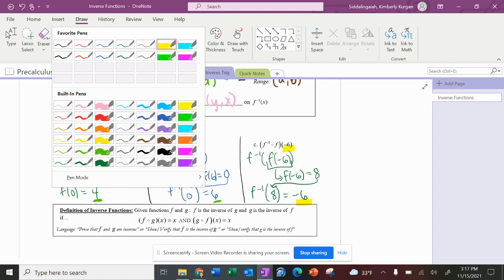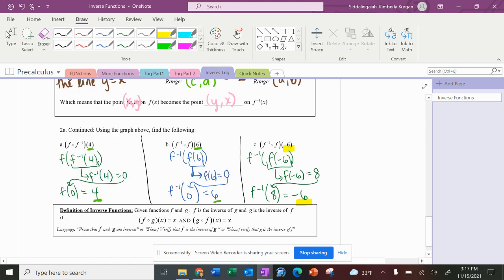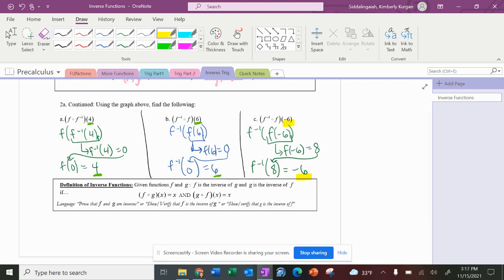It's the same again. Guess what, folks? That is a thing. It's part of this rule down here. Really, the definition of an inverse is that when you compose the inverses, whether you do f or g first or second doesn't really matter, but both compositions should get you x.